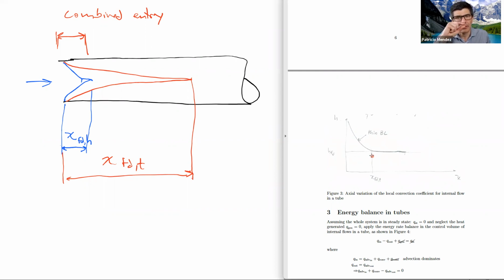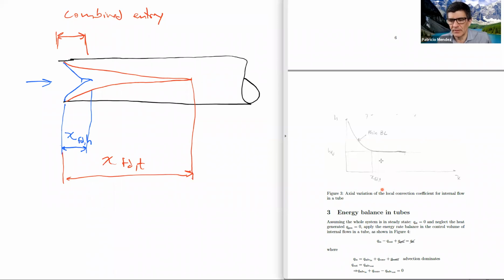Therefore, there is a thin layer of insulation and a high rate of heat transfer, the same way that a thin jacket gives you a lot of heat transfer to the cold, which you don't want, right? And as we go downstream in a flat plate, this boundary layer is thicker and thicker, and the convection coefficient is lower and lower. In internal flows, once we have a fully developed flow, the boundary layer stops growing. And because it stops growing, we reach a plateau and a constant value of heat transfer coefficient.